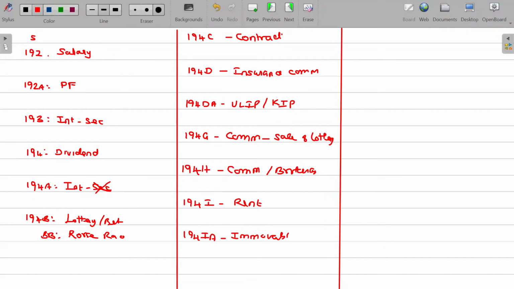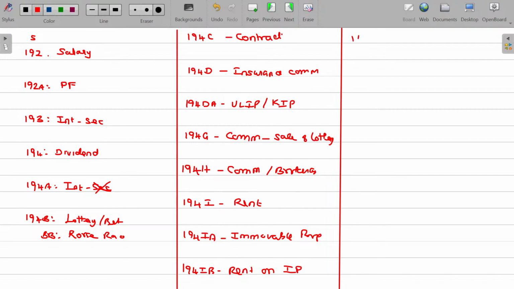And 194IB is rent on immovable property.